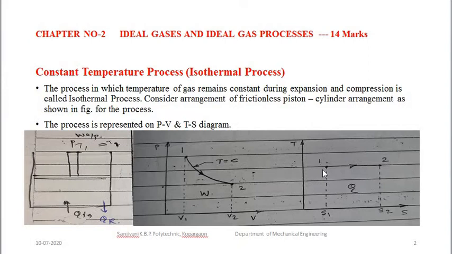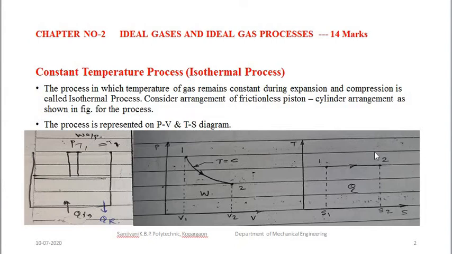Therefore, in the expansion process, from the state point 1 to 2 on the temperature entropy diagram, we see that the entropy is increasing from S1 to S2 during the expansion of the gas. So this is about the isothermal expansion process. Now in the reverse direction, we can carry out the isothermal compression process.